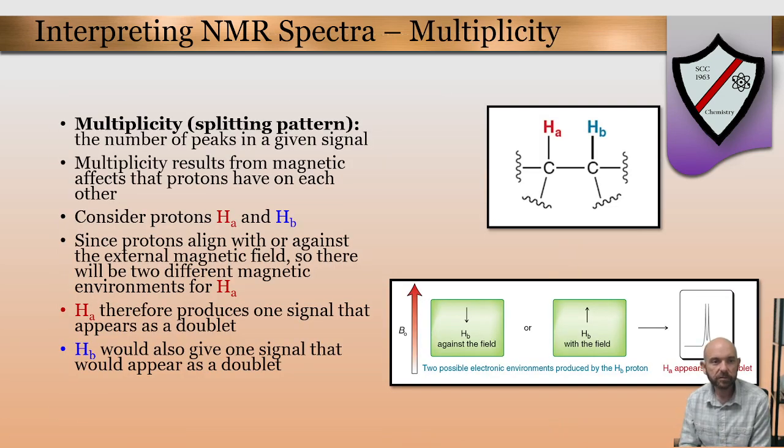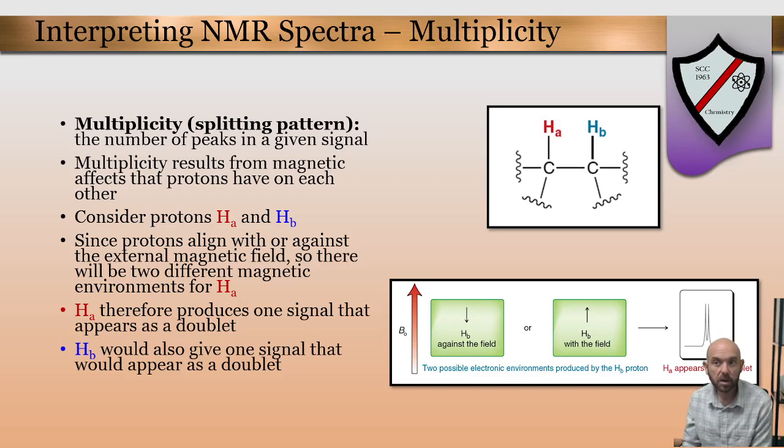So here we have our final characteristic of the NMR signal that we are going to learn about, and that is the splitting pattern, or the multiplicity of the signal. Undoubtedly, you've seen as we've evaluated these spectra thus far that the signals themselves are split into segmented peaks. This happens because neighboring protons can affect each other.